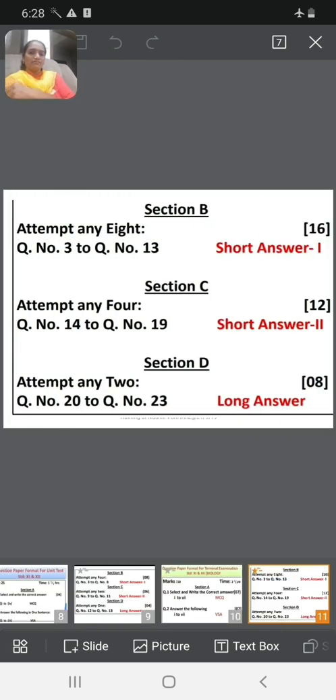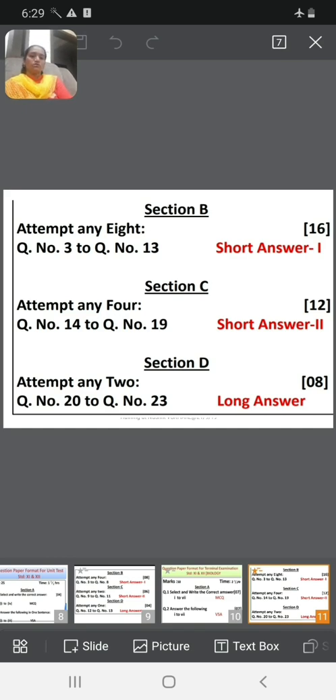Then section B, there are questions 3 to 13 and you have to attempt any 8. You have to attempt any 8 questions from 3 to 13, means section B is for 16 marks. Then section C, attempt any 4, starting from question 14 to 19.